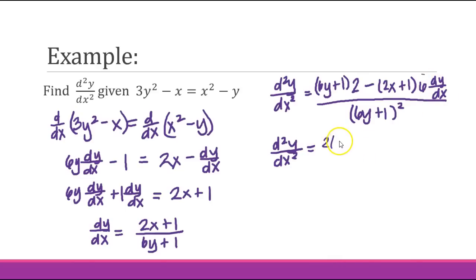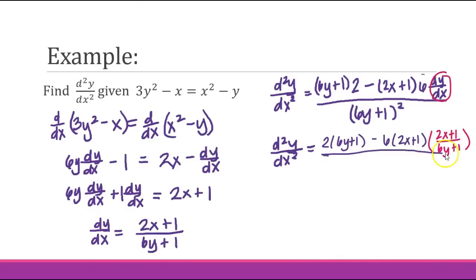So I'm going to write this for now as 2 times 6y plus 1 minus 6 times 2x plus 1, and then I'm replacing this dy dx with 2x plus 1 over 6y plus 1, and then all over 6y plus 1 squared.